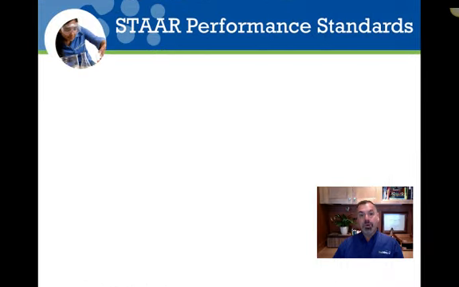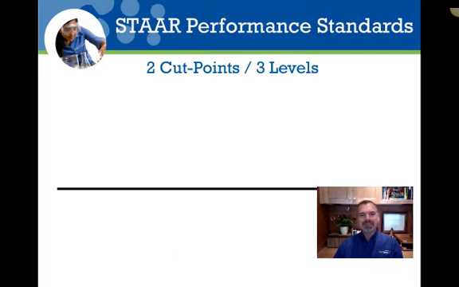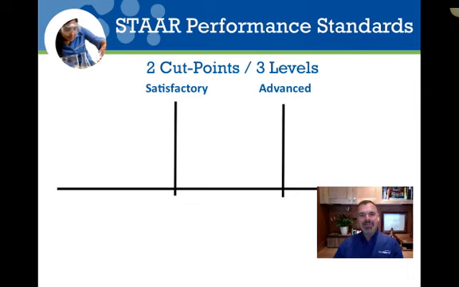When we think of the performance standards for STAAR, let's think of it this way. There are two cut points which divide students into three levels of performance. The first cut point is satisfactory performance, and the other is advanced. Now these two cut points divide students into three performance levels.